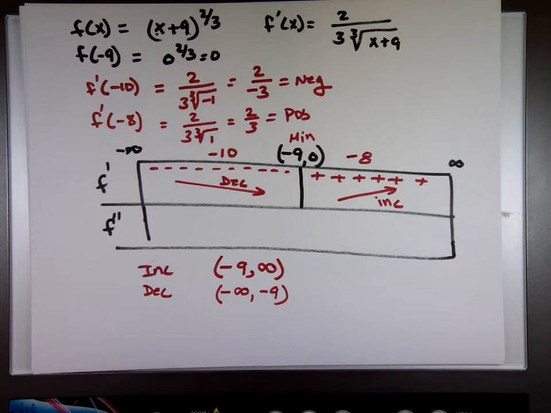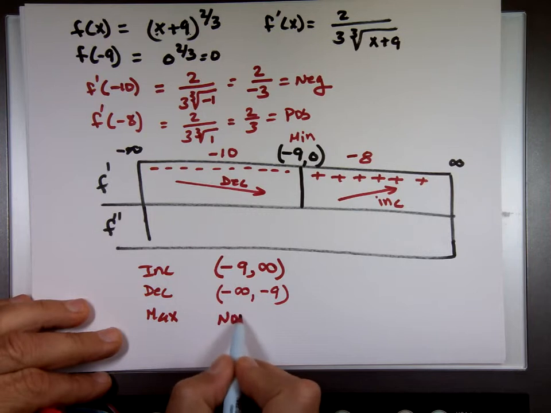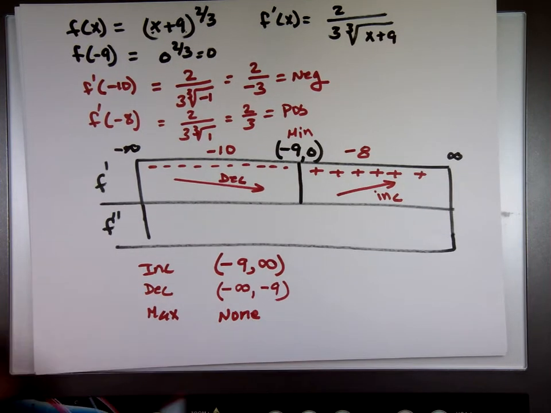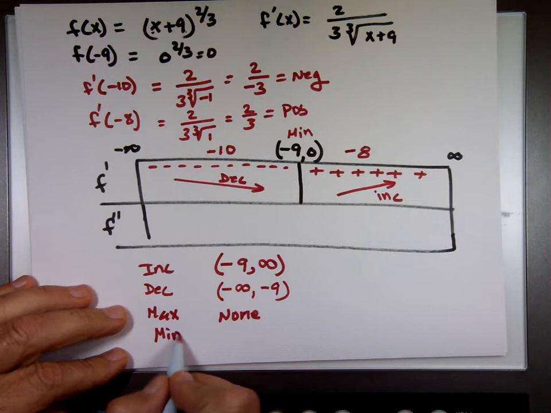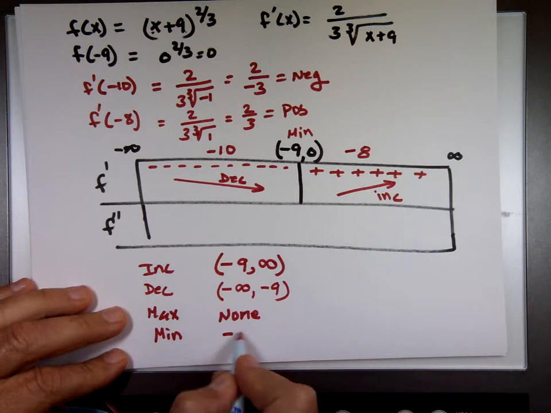They want to know the maximum, the relative maximum. They want the x and the y value. Do we have a maximum value? Nope. Max, none. Relative, none. Do you have a min value? Yes. Where? -9, 0.